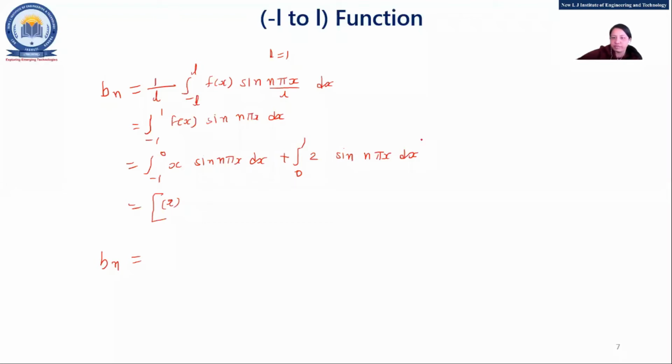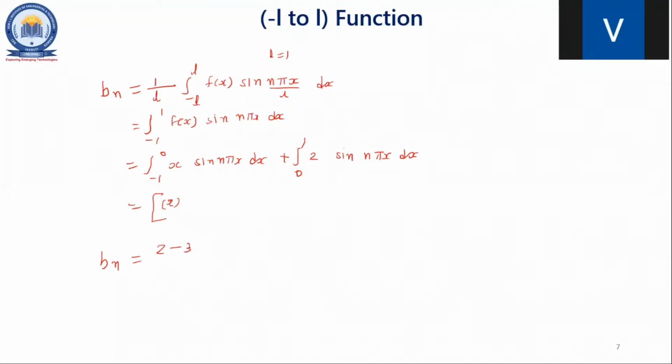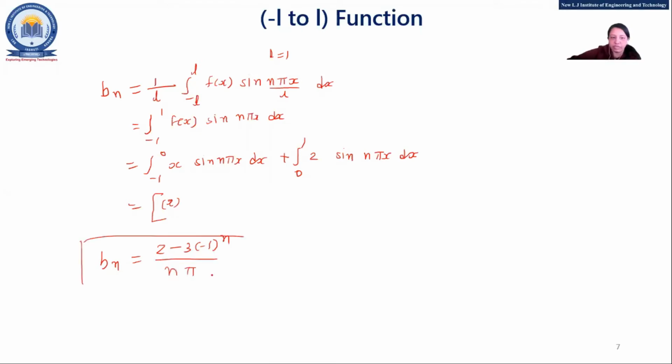Unmute yourself. Sorry, I had muted you. Yes, ma'am. Final answer is 2 minus 3 into minus 1 raised to n, with 3 only, na? Yes, ma'am. Okay, fine, upon n pi. Correct one. So this is your answer, Bn.